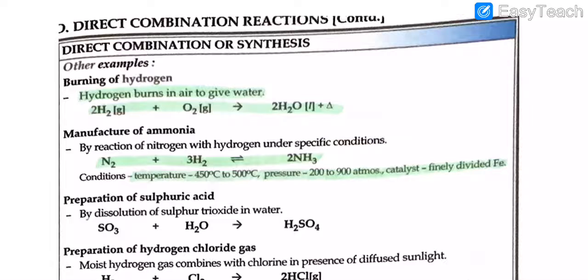You get H2SO4. Then moist hydrogen gas combines with chlorine in the presence of diffuse sunlight, so you get 2HCl, that's a gas. It also says which product is a gas, which is a solid, and which is a precipitate. It has all the details given here.